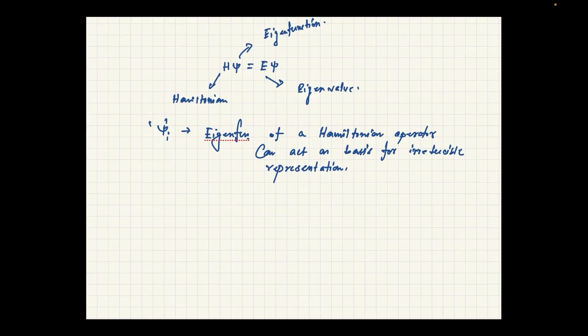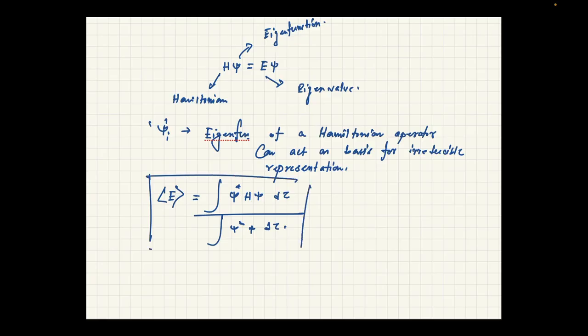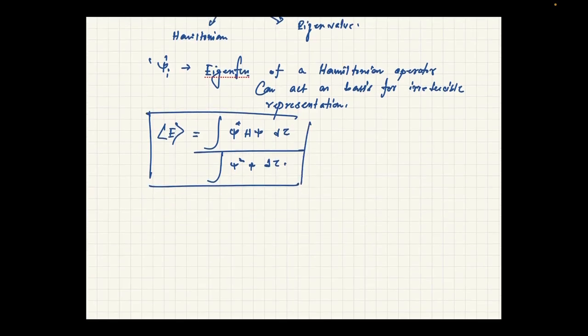Now in quantum mechanics, when you are getting the energy value, like the average energy E, what you do is integrate psi star H psi d tau divided by psi star psi d tau. Okay, so you use this kind of formula when you compute the average energy.